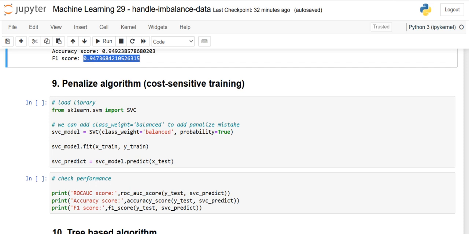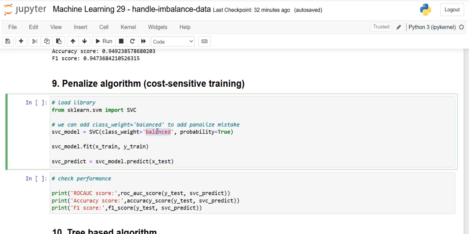During training we can use the argument class_weight, which should be balanced, to penalize mistakes on the minority class by an amount proportional to how underrepresented it is. We also want to include the argument probability equal to true if we want to enable probability estimations for this SVM algorithm.